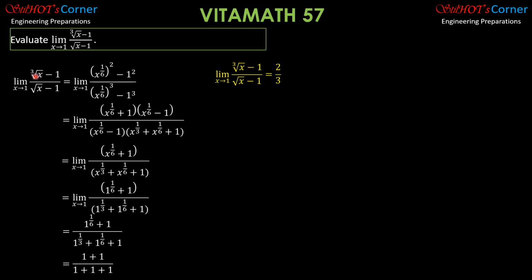So we differentiate individually the numerator and the denominator until such time that when x approaches a certain value and we substitute, it is no longer an indeterminate form. So by L'Hopital's rule, the derivative of cube root of x minus 1, or x to the 1/3 minus 1, is 1/3 x to the negative 2/3.